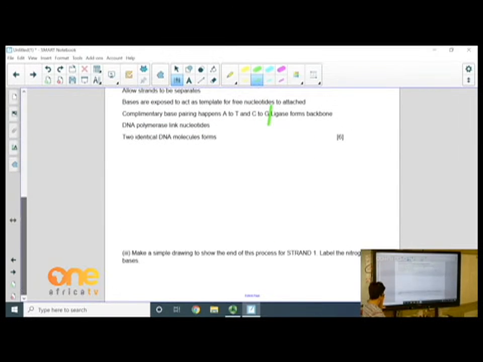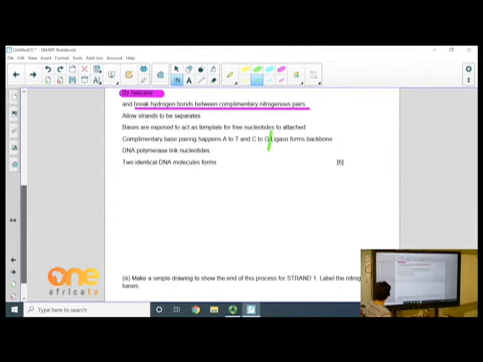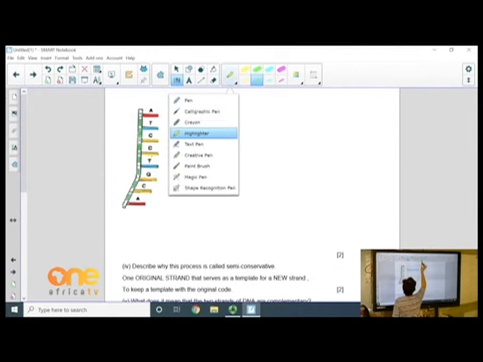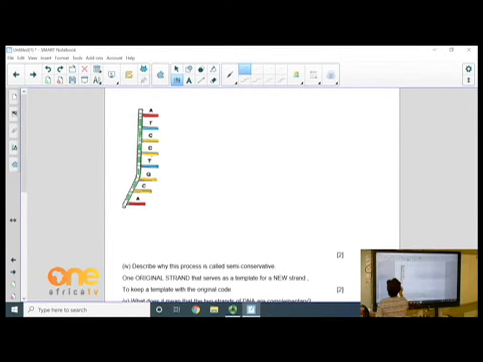So make a simple drawing, and what I think was important for that drawing is that you have strand 1.